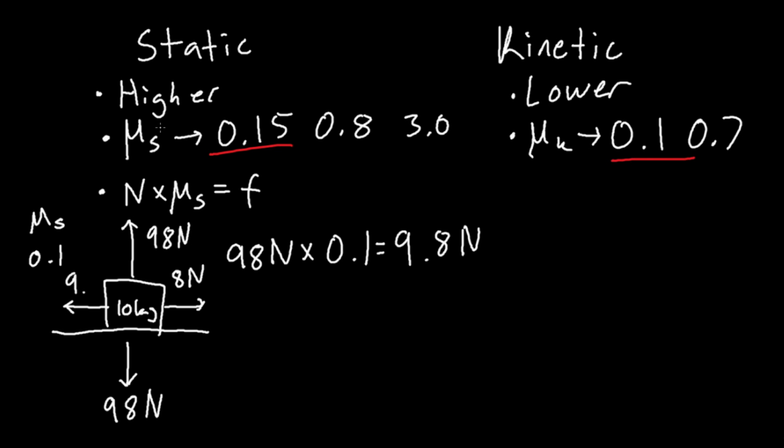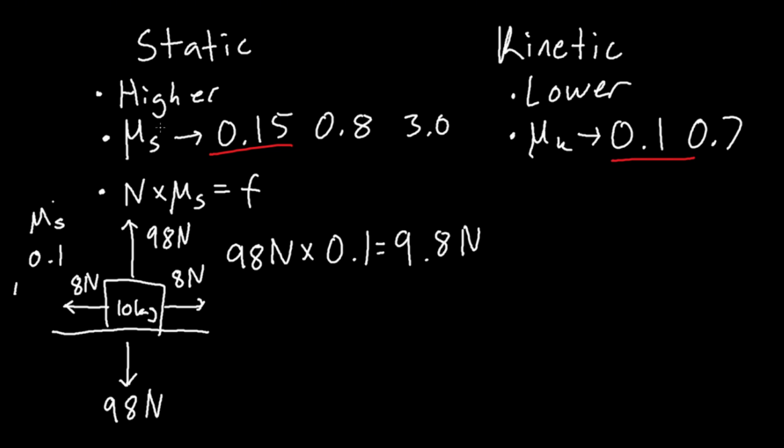Because if the static friction was 9.8 newtons, this box would be accelerating in the direction of friction, which doesn't make any sense. So the static friction, if an object is at rest, will always be the same as your push force or pull force.